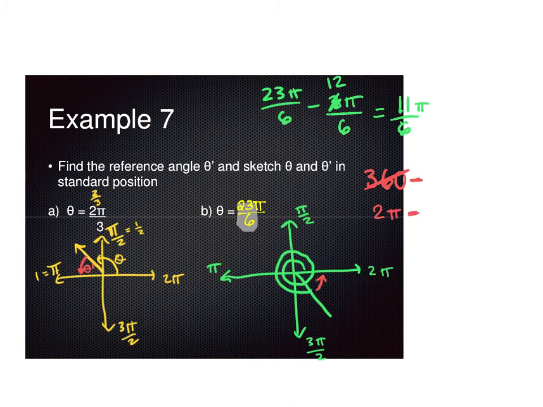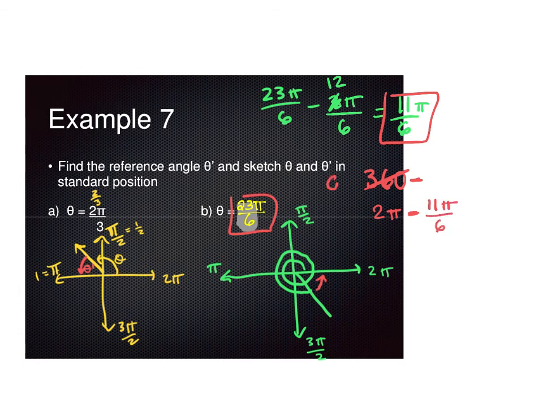What are we going to use for our theta? The 11 pi over 6? We want to use the 11 pi over 6 because if we use the original, we would still be left with something that's bigger than an acute angle. So we use the 11 pi over 6, our coterminal angle.